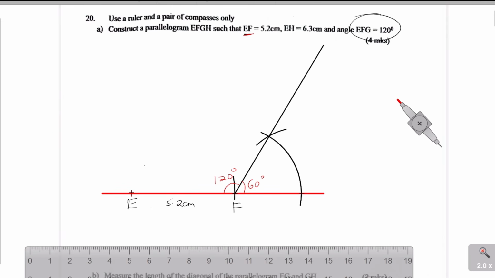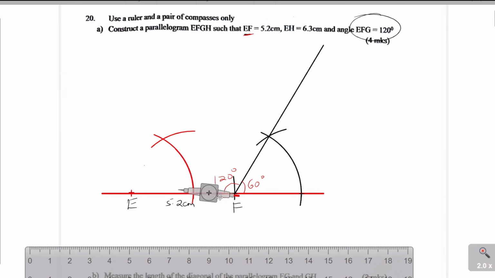So I should have an angle of 60 at E, and that will help complete the parallelogram. So again, I will construct 60 at E. Standing at E, with a suitable radius of your choice, mark a big arc there. Then go back again and ensure the arc that I made here, make a big arc there, like that.